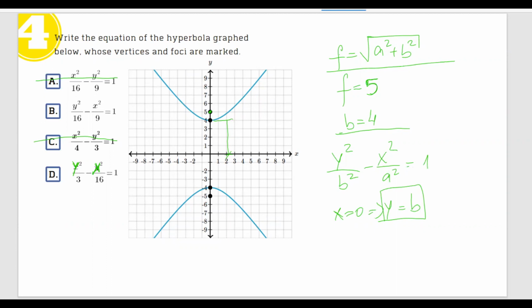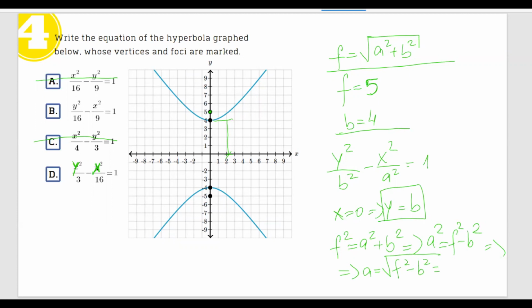So let's rewrite the formula like this. F squared equals a squared plus b squared. And from here, we're going to calculate a squared equals F squared minus b squared. So we can also write this as a equals the square root of F squared minus b squared.